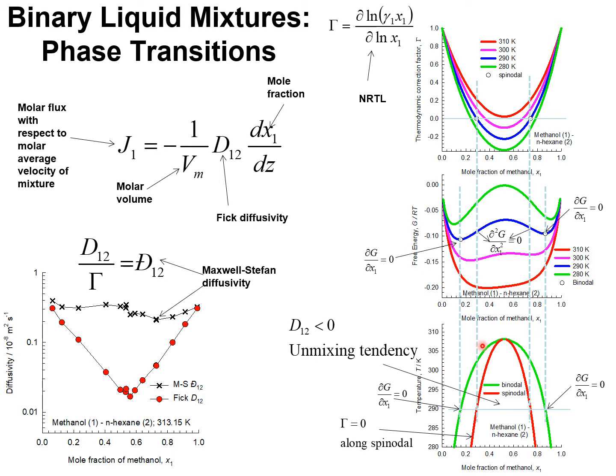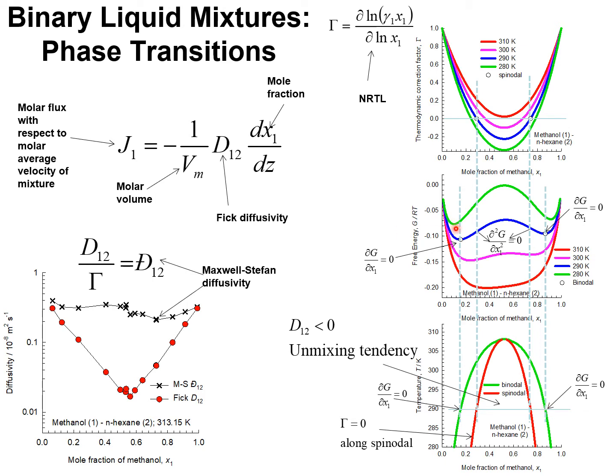The mixture of methanol and hexane undergoes phase splitting at temperatures below about 308 Kelvin. The green line represents the binodal curve, which is defined by the minimum in the Gibbs free energy, say at 290. These are the 2 points here where the partial derivative of G with respect to the composition x1 is 0. Those are the points.